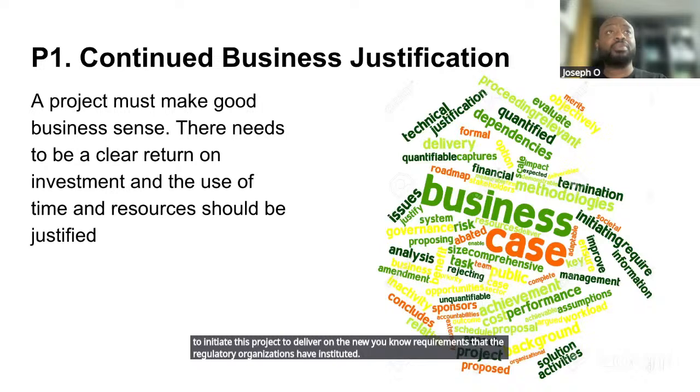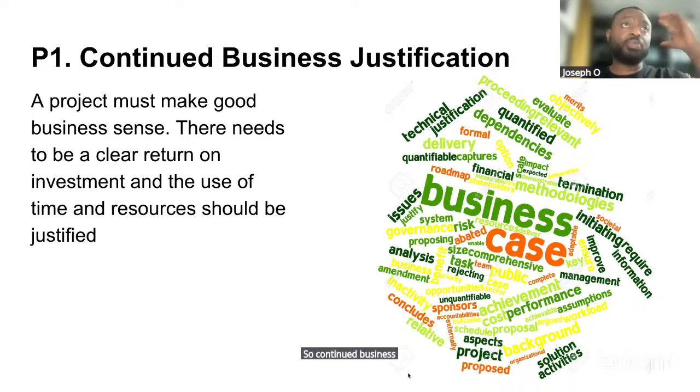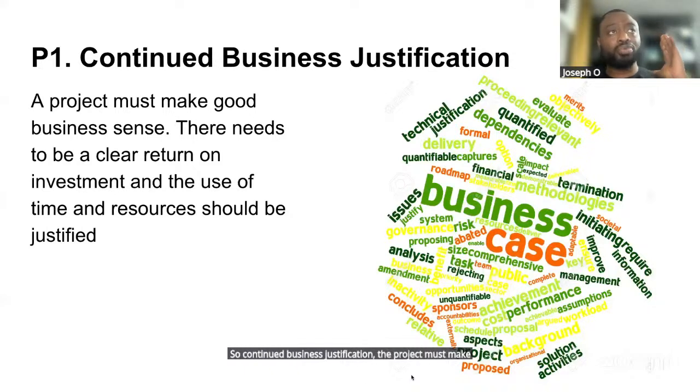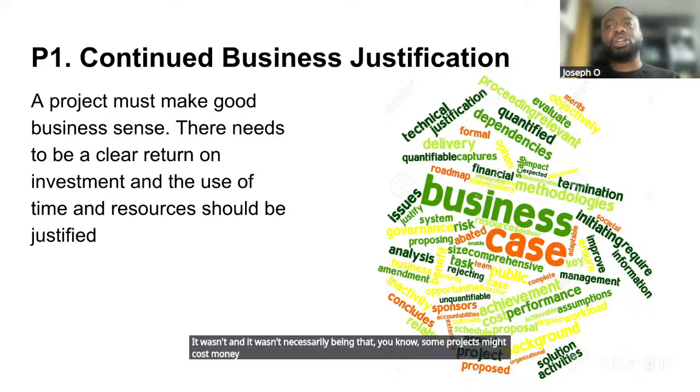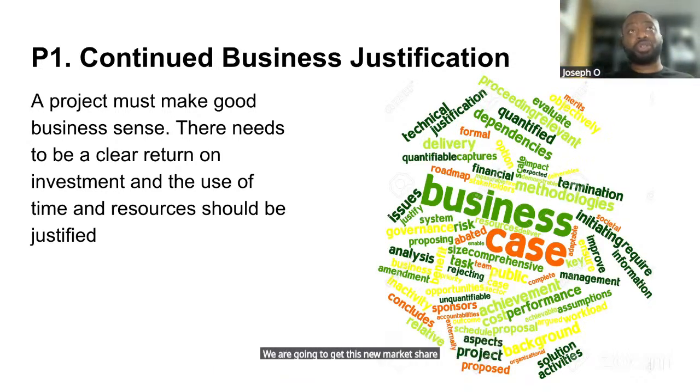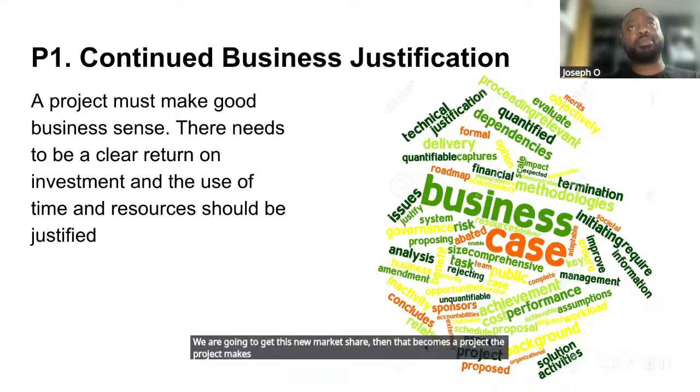So continued business justification: the project must make good business sense. It mustn't necessarily be that way, though. Some projects might cost money, but in the long term, maybe the company is seeking to achieve a new market, and it may seem that it might be losing money, but if the justification for that project is that we are going to get this new market share, then the project makes good business justification.